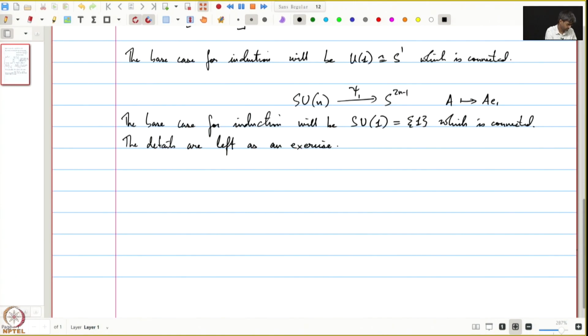Today we will start our discussion on compact metric spaces.